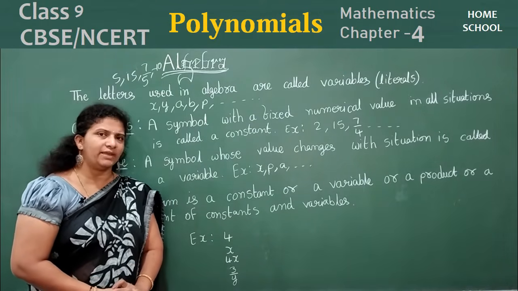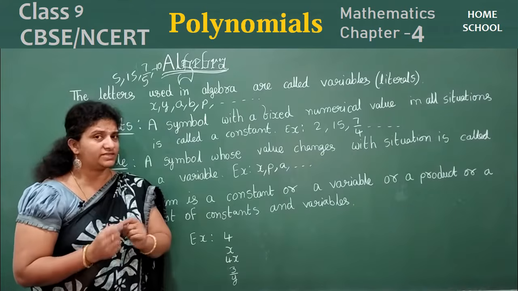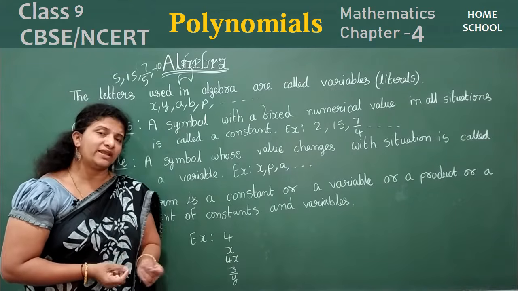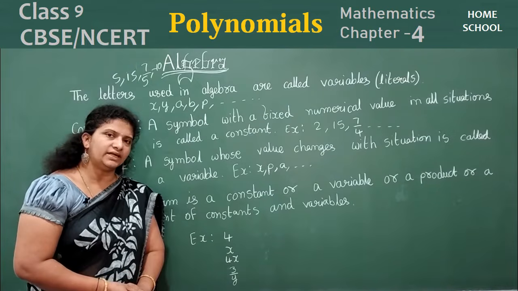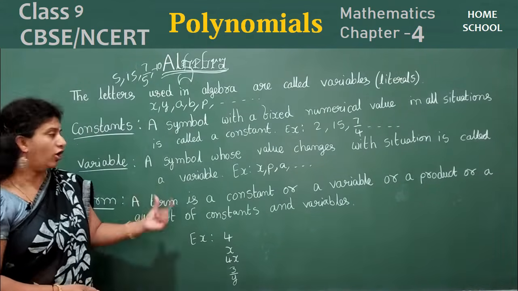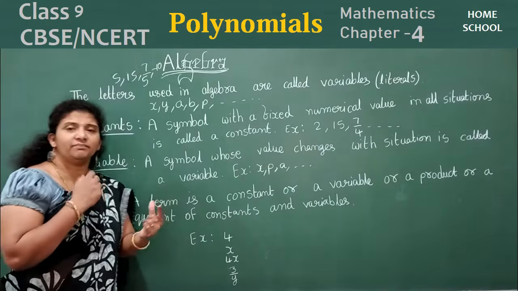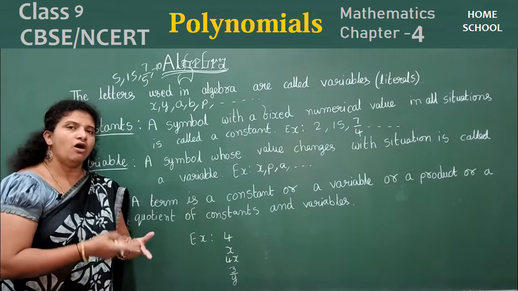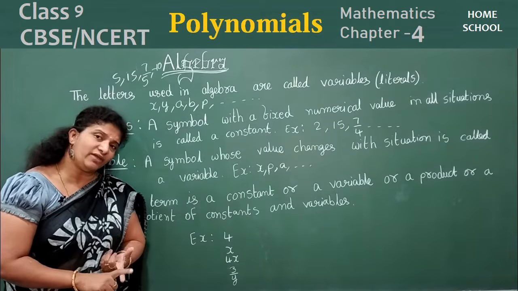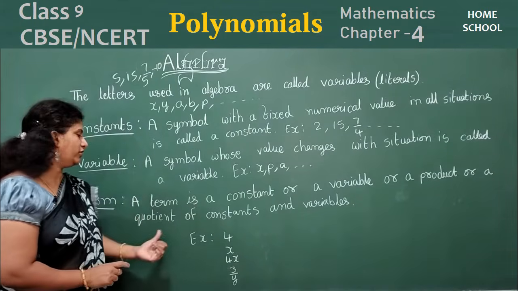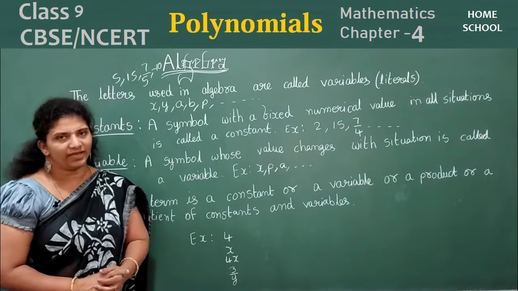Fixed number. Variable, the symbol, it is one of the symbols, and the value of this variable will be changing always. Term. What is a term? We call it either a constant or a variable or a product of constant and variable or a quotient of constant and variables.